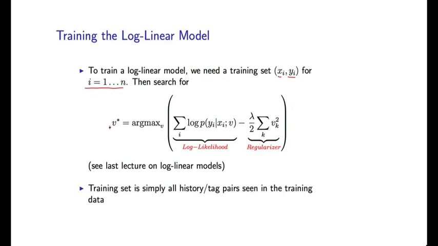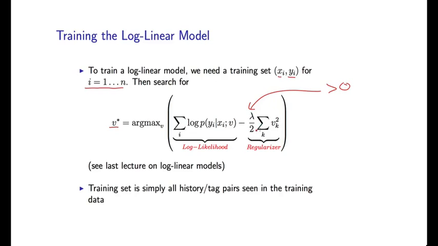Then we choose our parameter values, v star, to be the v's that maximize the sum of two terms. Firstly I have the sum of log probabilities of my training examples, and secondly I have a negative term, where lambda is some constant greater than 0, dictating the relative weight of this term.